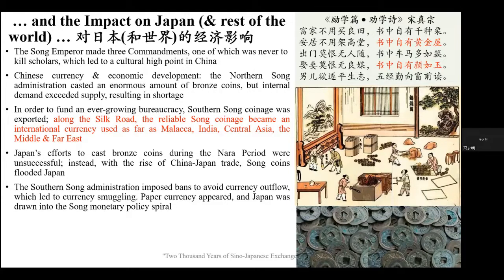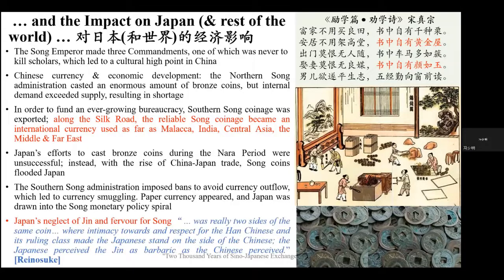Paper currency developed, and Japan was soon drawn into the Song monetary policy spiral. So we can see Japan's neglect of Jin and fervor for Song, because Jin was the nomadic tribes that tried to invade the Song China, was really 2 sides of the same coin, where there is an intimacy towards and a respect for the Han Chinese and its ruling class, made the Japanese stand on the side of the Chinese.